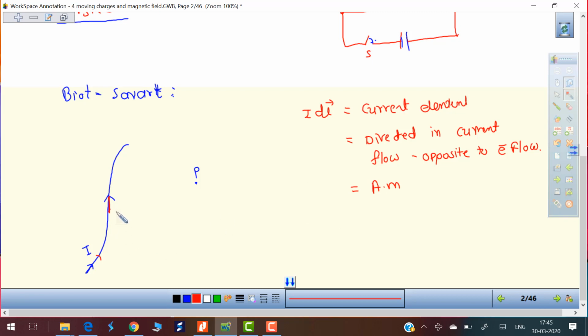Then I take one position vector. So this is the position vector R. R is the position vector of P with respect to the considered current element.